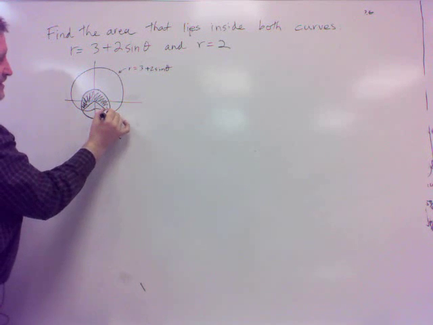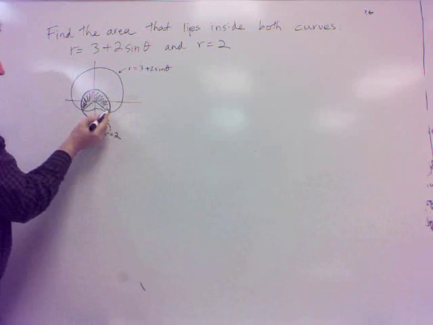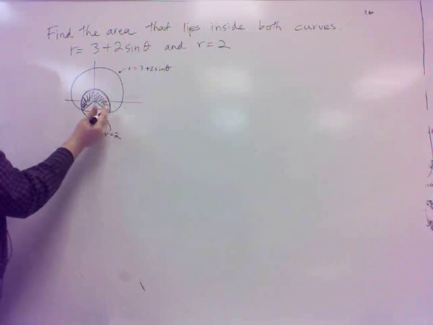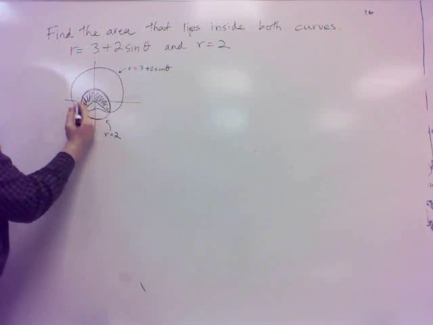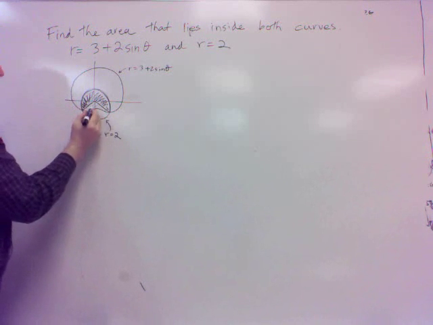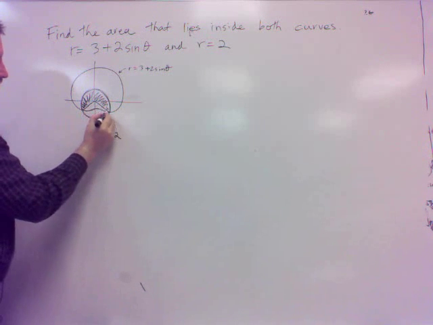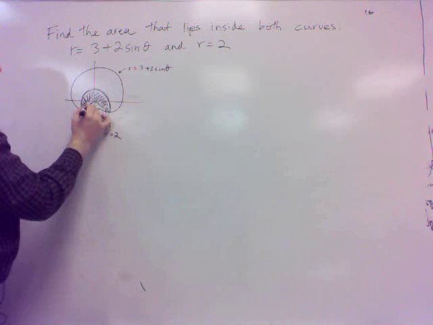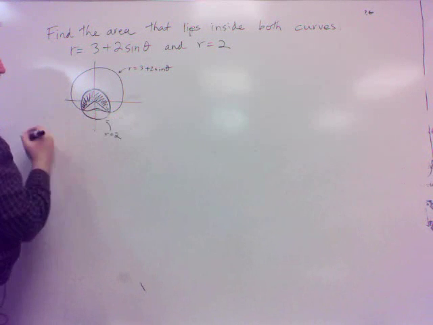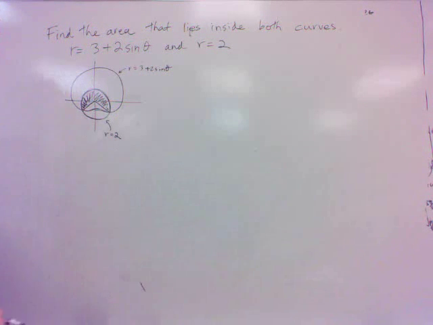That's then this area, which is the area of the R equals 2 circle from here to here. So I'm going to sweep out that part from there to there. And then I'm going to take the cardioid shape and go the rest of the way from here to here. More or less. Okay?